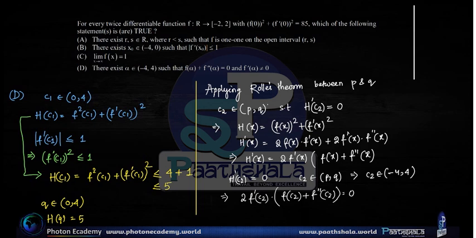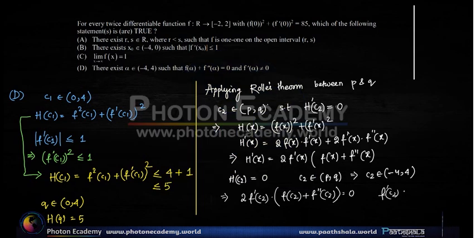And we know that f dash C2 is not equal to 0. That implies f of C2 plus f double dash C2 is equal to 0.